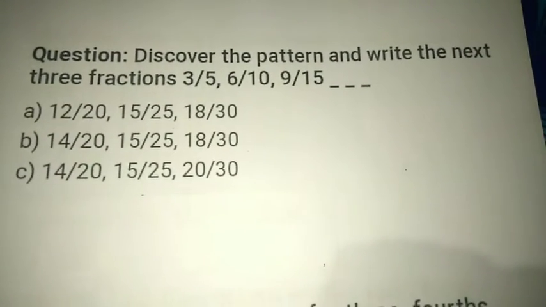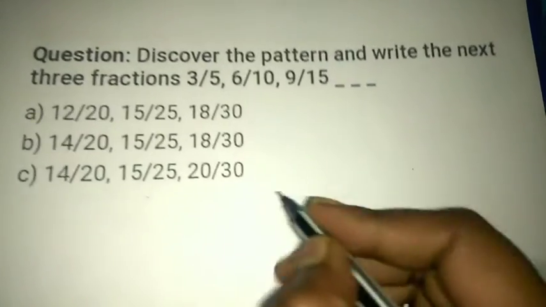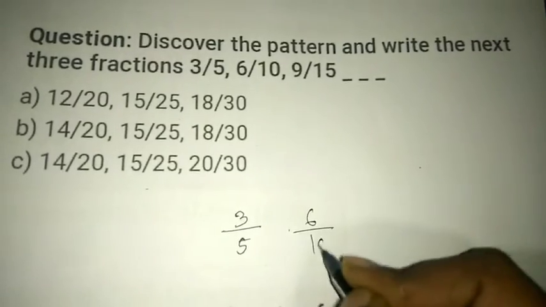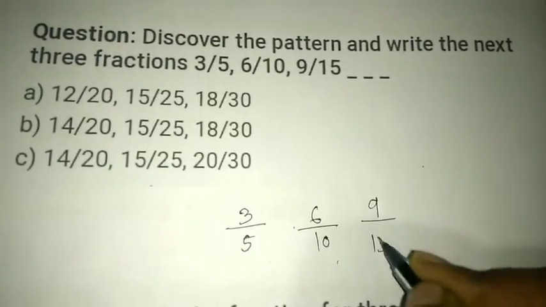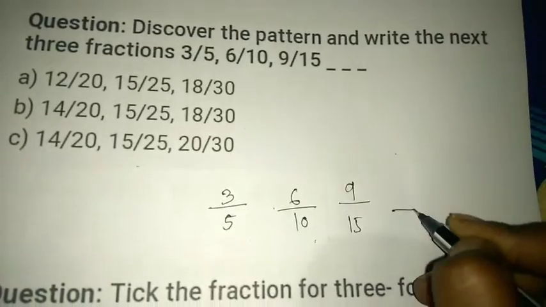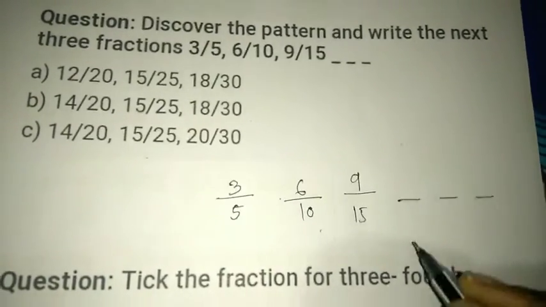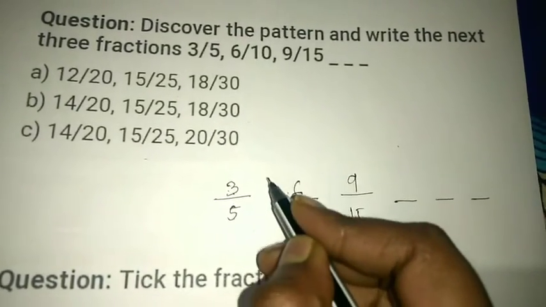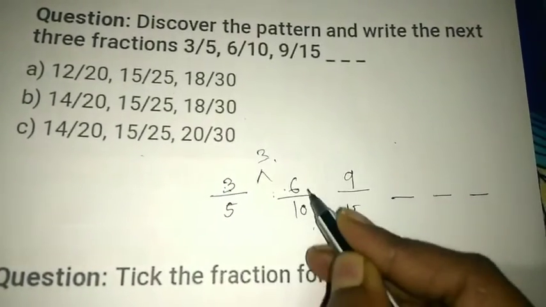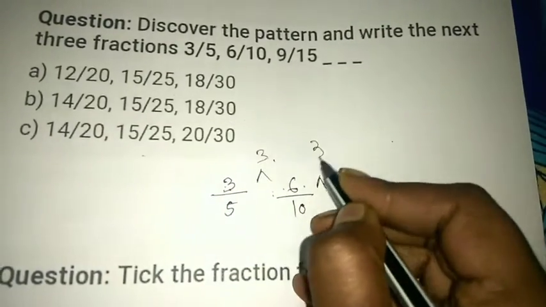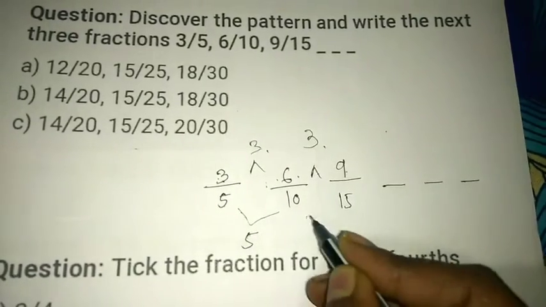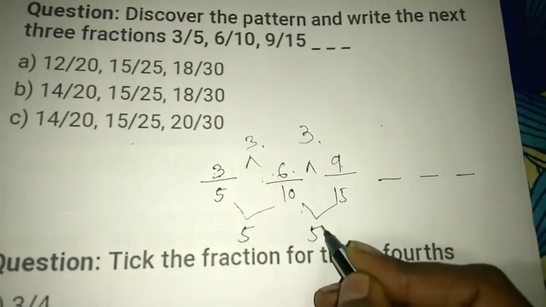Discover the pattern and write the next three fractions: 3 by 5, 6 by 10, 9 by 15. That means the given fractions are 3 by 5, then 6 by 10 and 9 by 15, and we have to find the next three fractions of the same pattern. Here from 3 to 6 the difference is 3, and from 6 to 9 also the difference is 3. In the case of the denominator, from 5 to 10 the difference is 5 and also from 10 to 15 the difference is 5.